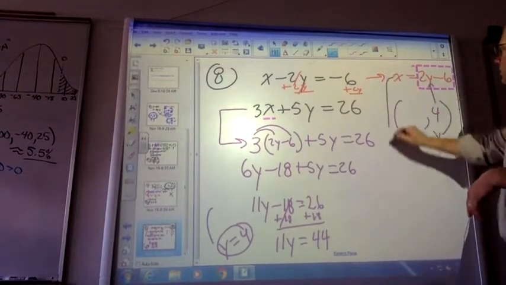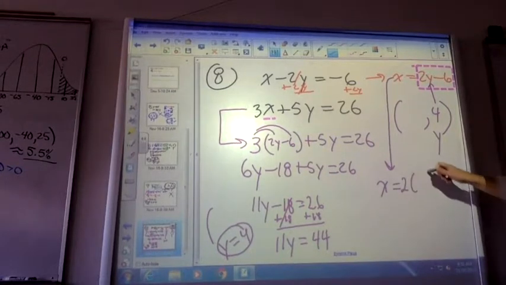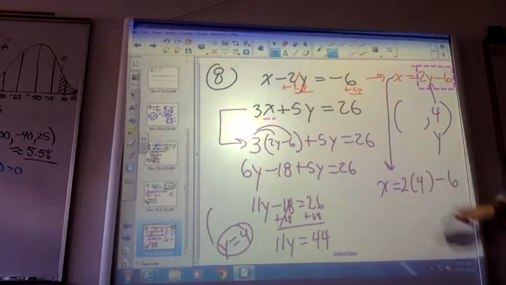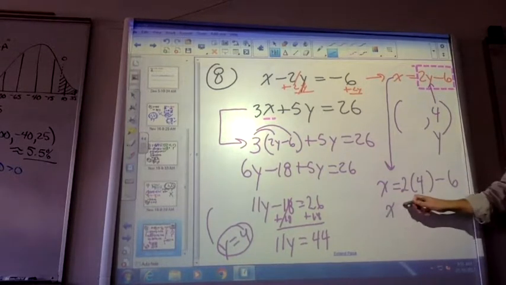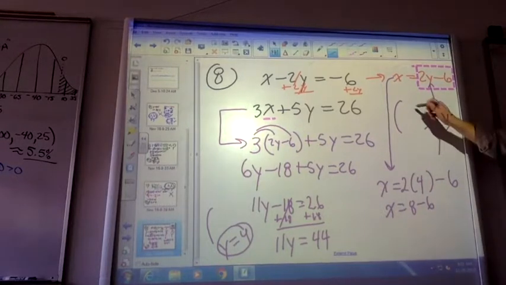So I'm going to bring this equation down. This is going to be x equals 2 parentheses minus 6. What was here? Y. What do we know that y equals? 4. So I'm going to plug 4 there now. Okay, do the arithmetic. I get 8 minus 6. If I subtract 8 and 6, I get 2.